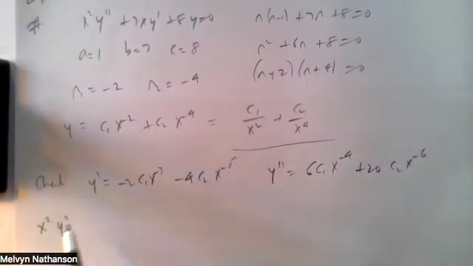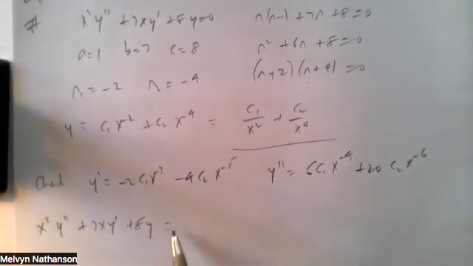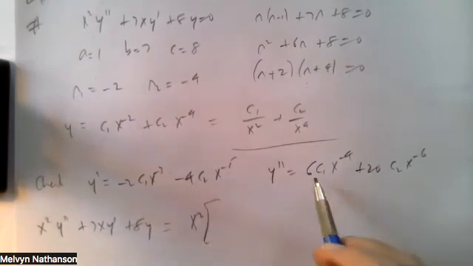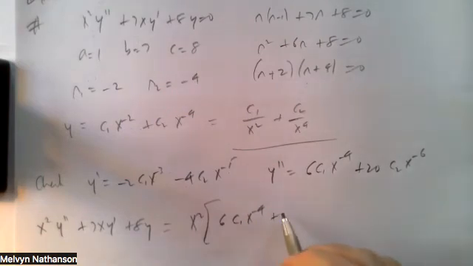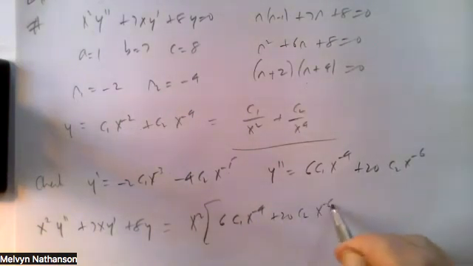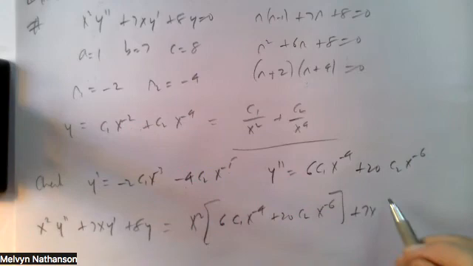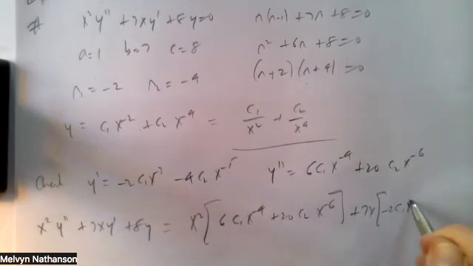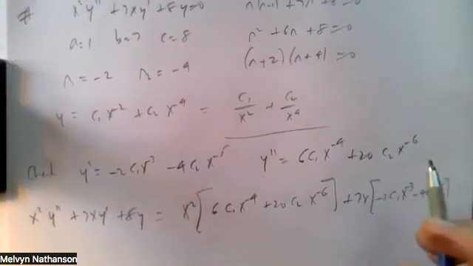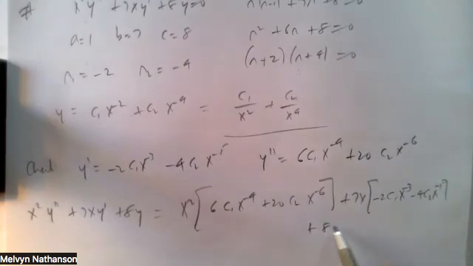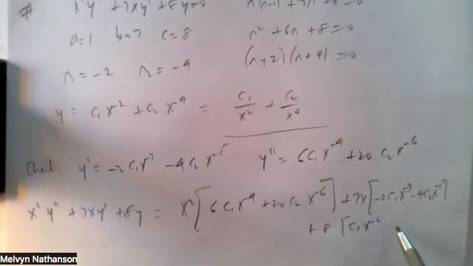So x squared y double prime plus 7xy prime plus 8y is equal to x squared times (6 C1 x to the -4 plus 20 C2 x to the -6) plus 7x times (-2 C1 x to the -3 minus 4 C2 x to the -5) plus 8 times (C1 x to the -2 plus C2 x to the -4).